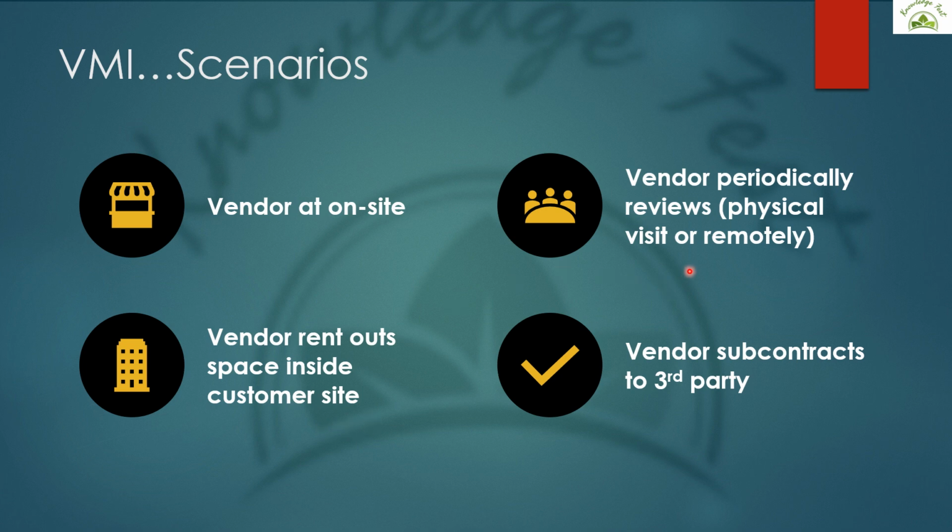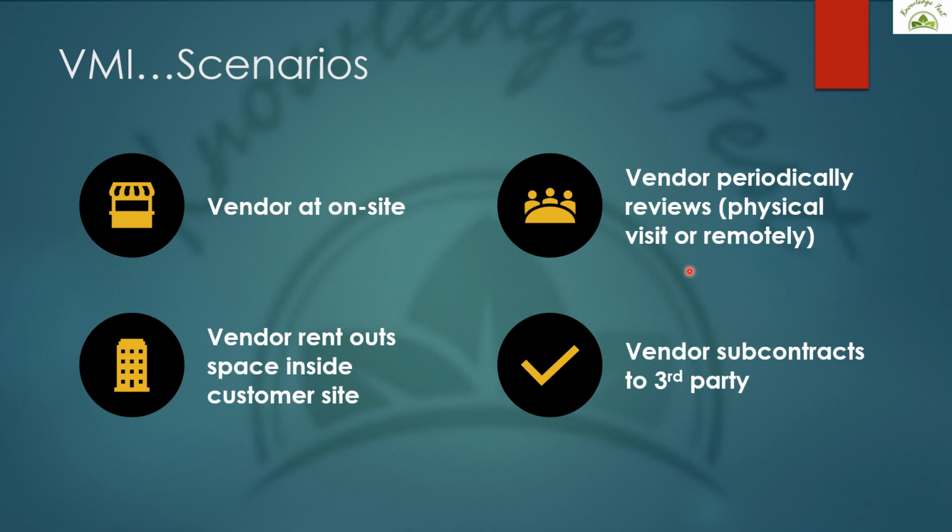The third possibility is that the vendor periodically reviews. These periodic reviews can be done either by physically visiting the place or by remotely checking the system status. What does it mean? Instead of appointing an employee or representative at the customer side, the vendor sends a representative periodically to physically visit the customer production site to understand the inventory level and whether replenishment is required.